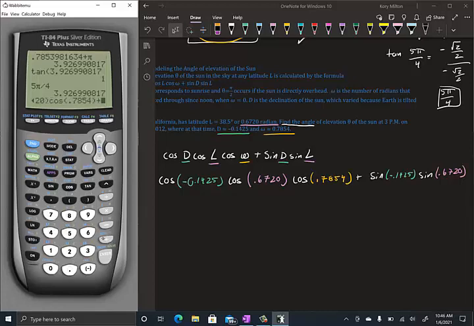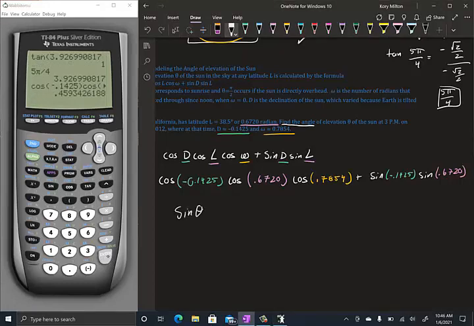Then we're going to add that to sine of negative 0.1425, and then sine 0.6720. Welcome to higher level math. Plugging in really long formulas into your calculator. And we hit enter. So we get sine theta is approximately 0.4593426188. And now we need to find theta, so we do the inverse.